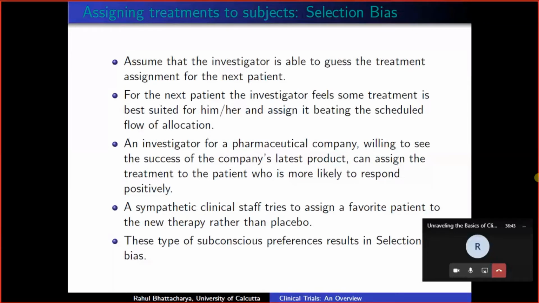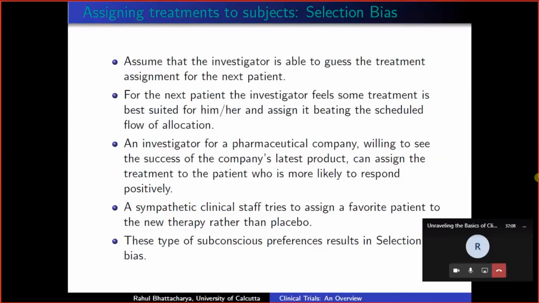So since the clinical staff is sympathetic, he will try to assign a favorite patient to the new therapy rather than placebo. So this is again against the scheduled flow of allocation. This type of subconscious preference results in selection bias. Each time, the treatment selected is based on the subjective judgment of the experimenter rather than following the scheduled flow of allocation.